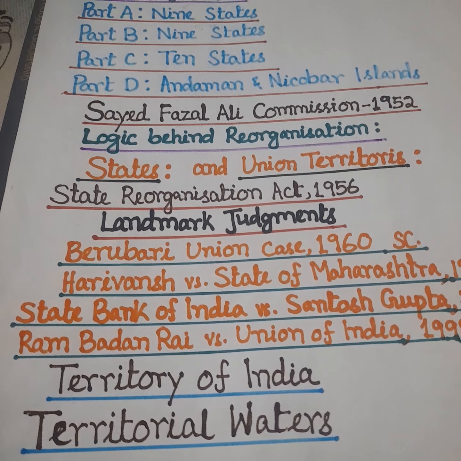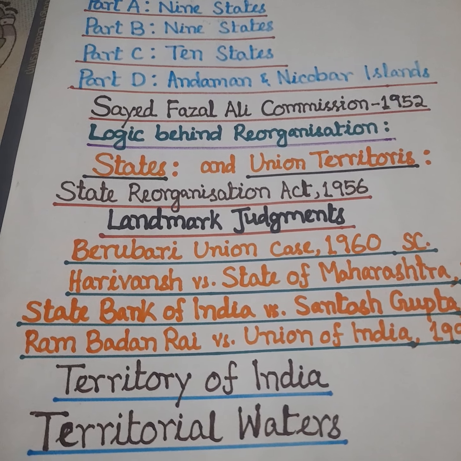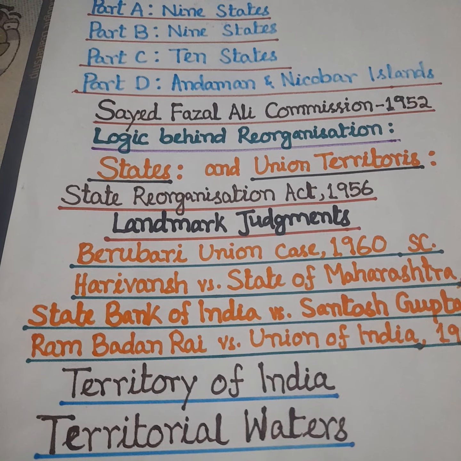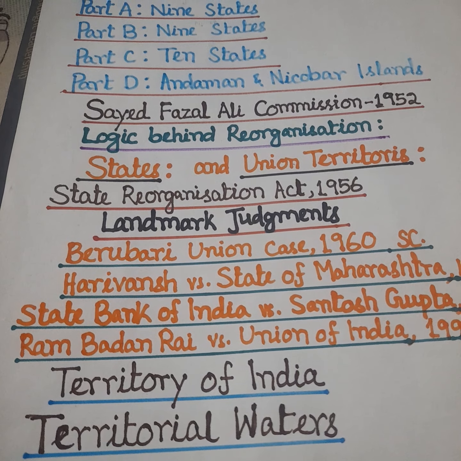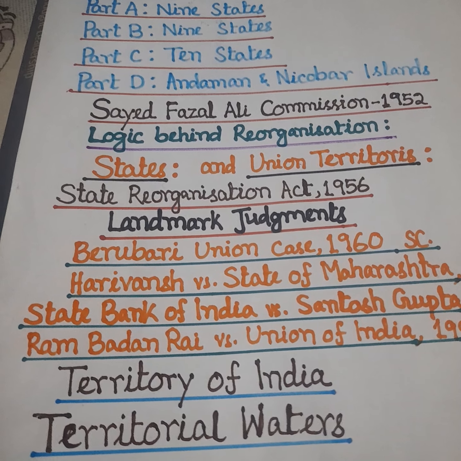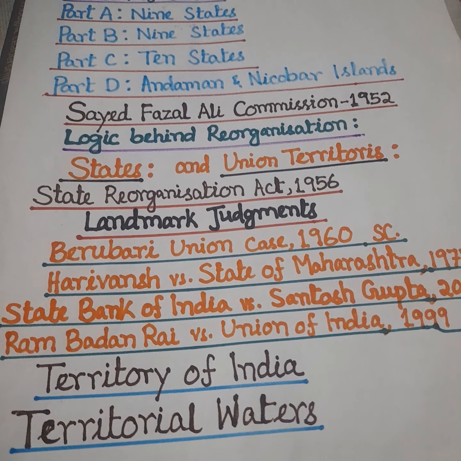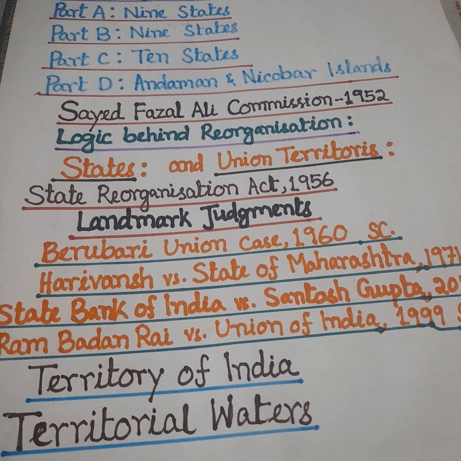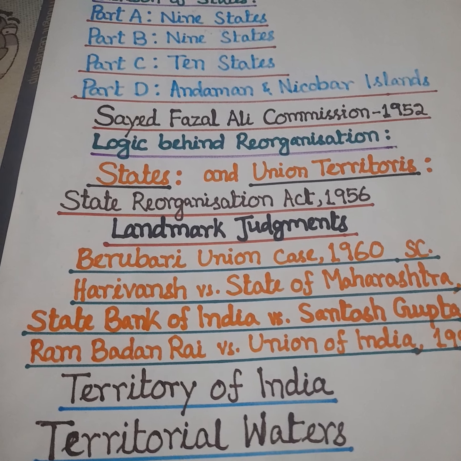So states like Nagaland were formed considering tribal affiliations, and this was done to address the unique cultural and social aspirations of specific communities. And sometimes economic development becomes a logic behind reorganization.